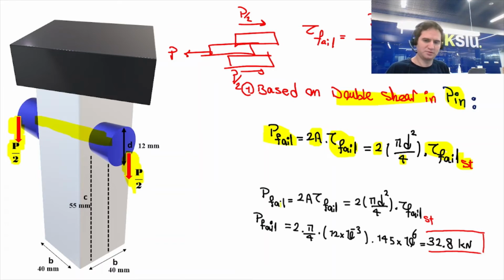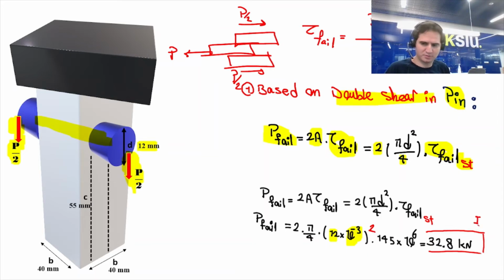Replacing the numeric values, 2 times pi times 12 millimeters, the diameter of the pin, squared, over 4, times 145 megapascal, it gives 32.8 kilonewtons.